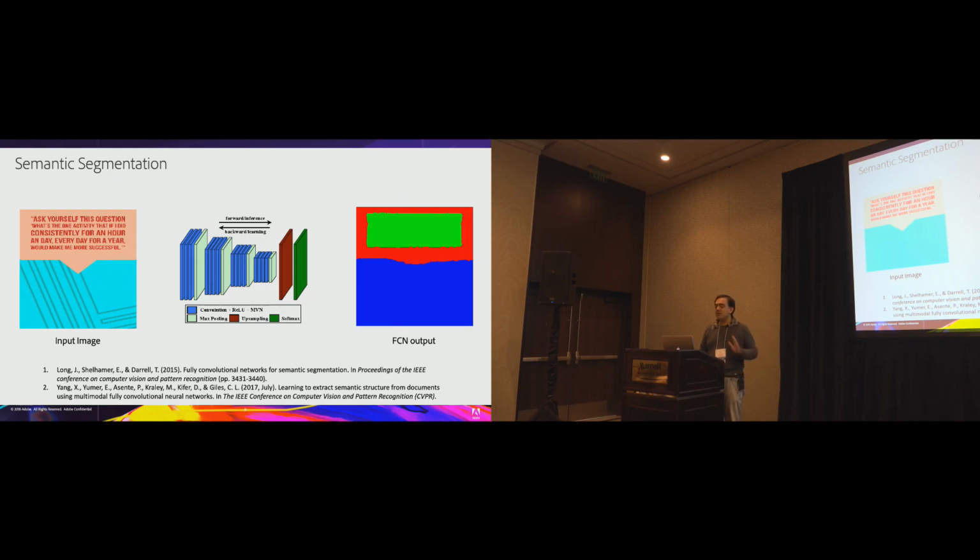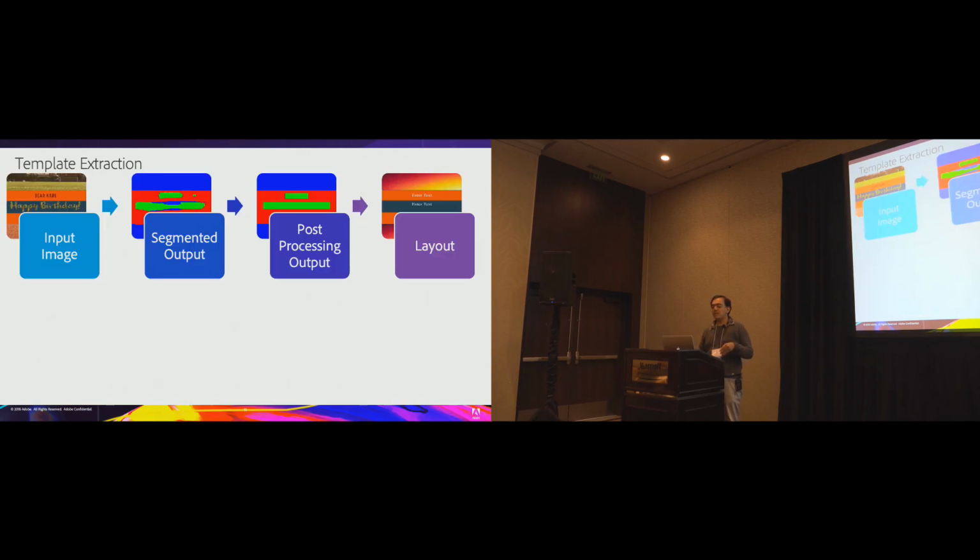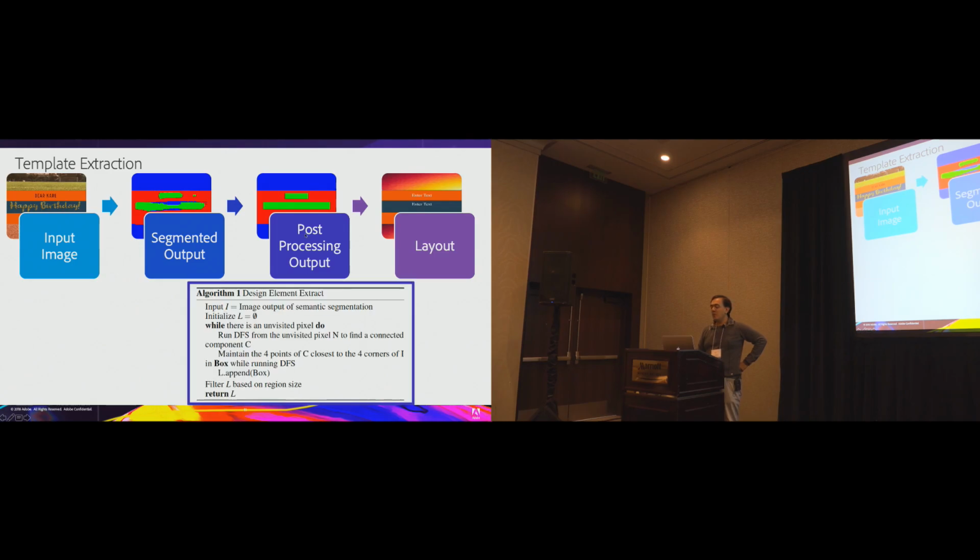So this required further processing, which is what we called template extraction, where we take the segmented output from the fully convolutional neural networks and do post-processing. We look at every pixel in the segmented output, we do a neighborhood search, and we try to come up with a bounding box that can essentially define that particular element in the banner.